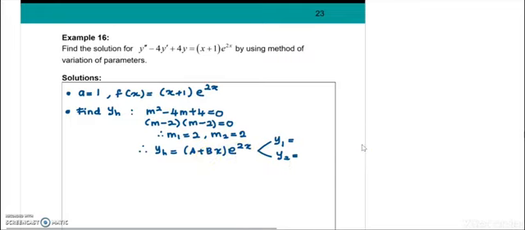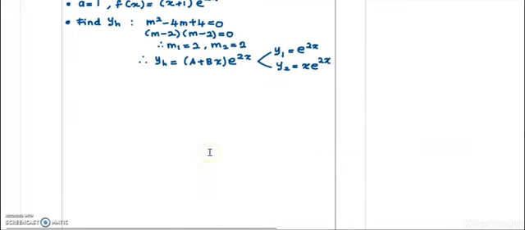Based on the first term, y1 is e^(2x). If you can recall, for y1 and y2, we need to ignore the constant. So for this one, y2 is x e^(2x). Next step is to find the Wronskian W.